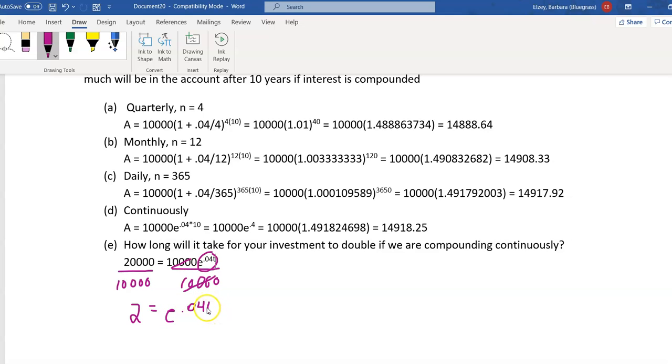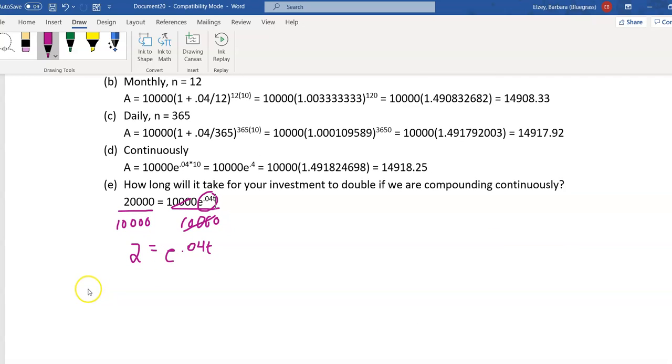And then recall our next step in solving an exponential equation is to apply the natural log on both sides. So we'll have the natural log of 2 and the natural log of e to the 0.04t. And normally our next step would be to move the exponent to the front, but remember the special case.